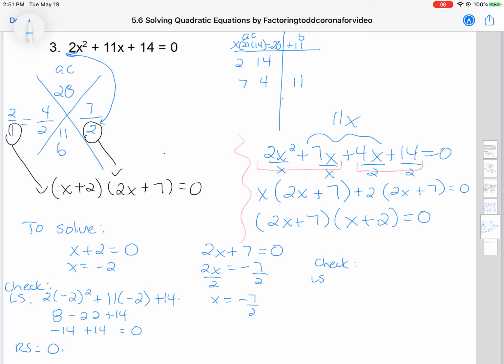Okay, so now this time, it may make your life easier to do decimals. And when you do 7 divided by 2, you're going to get 3.5, which is not a repeating decimal. So that's kind of helpful, right?